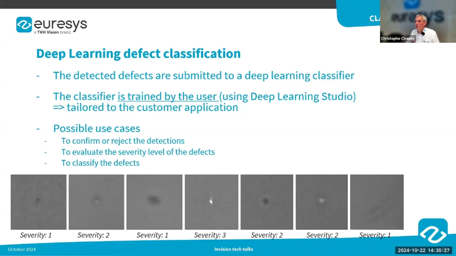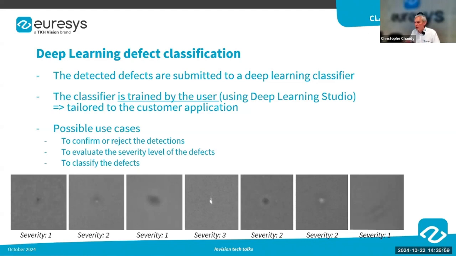When you inspect batteries, it's not like inspecting plastic foil or glasses or coated metallic surfaces. And so the user would like to have a way to train a specific classifier for their application. And for example, the classifier could be used to confirm or reject the detections.